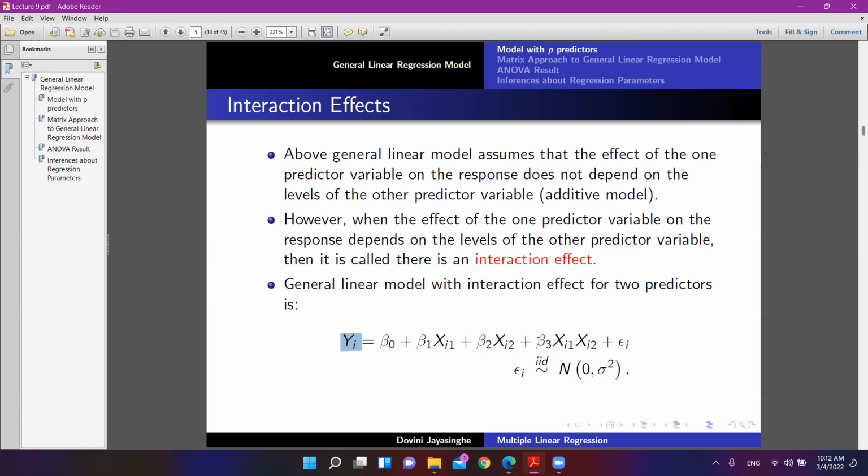That means if this is significant, we are not going to interpret beta 1 and beta 2. That's not going to be meaningful at all if this is significant. If this is not significant, we can take this out from the model, or even if you like, we can keep it, doesn't matter. But to make it simple, we can take this off and interpret the main effects. That means beta 1 and beta 2.